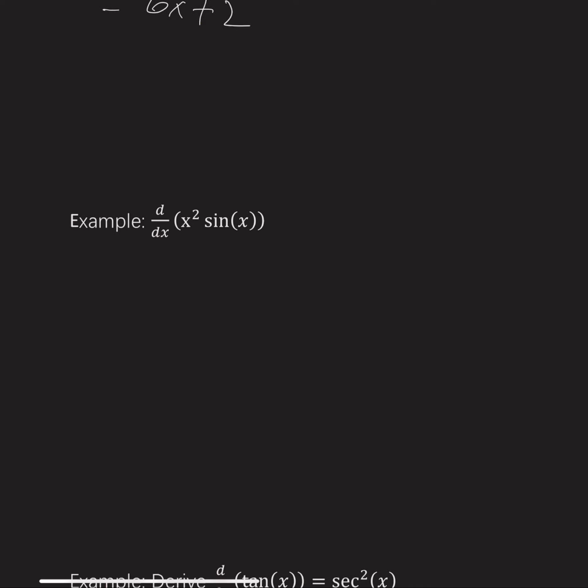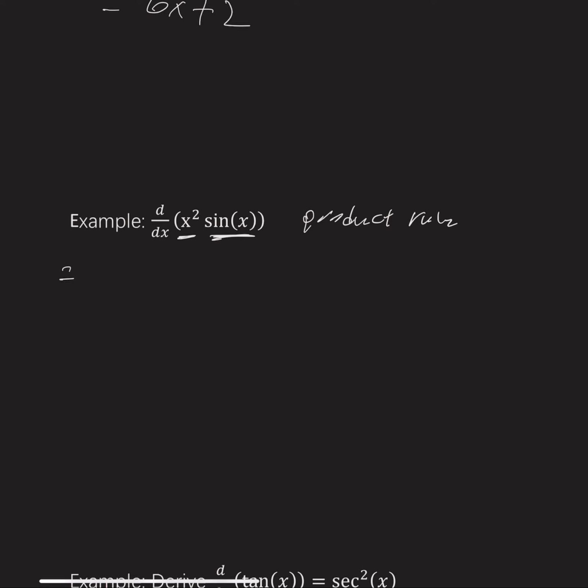See here, it's the product of 2 functions, x squared and sine of x. So we use the product rule. The derivative of fg is equal to f prime g plus f g prime. Notice that I do not have to write the parenthesis x here. We just like simplifying it. Okay. What is this equal to?